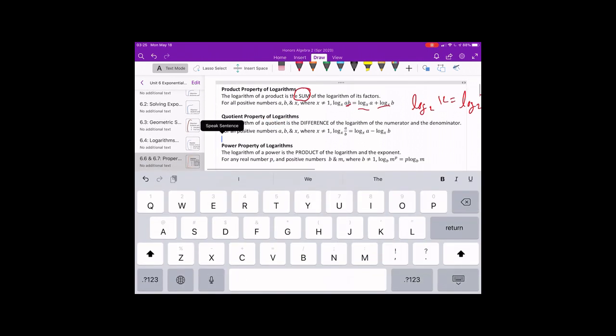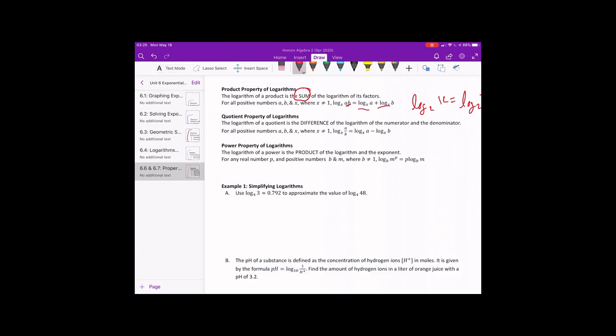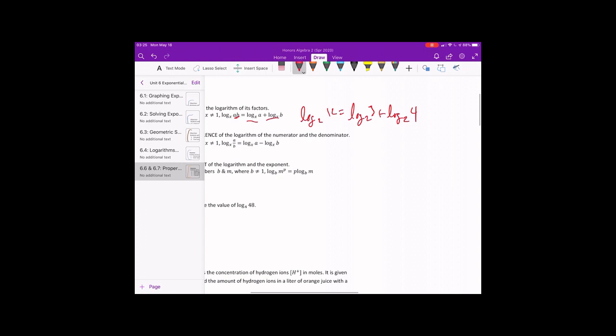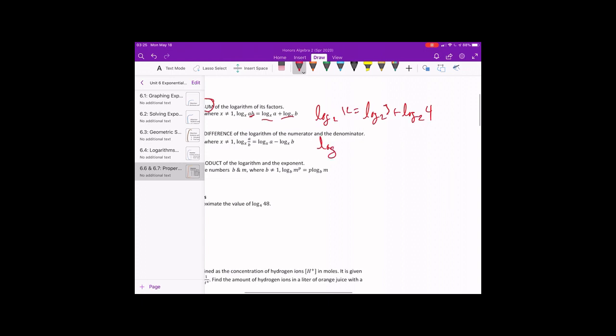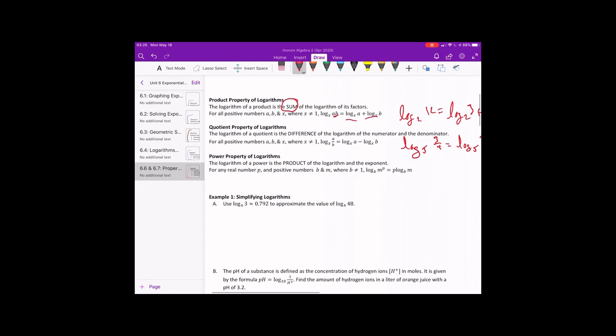And so what we'll see here is that for positive numbers a, b, and x, again, x not equal to 1, log base x of a over b is equal to log base x of a minus log base x of b. And so if I have log base 5 of 3/4, we can rewrite that as log base 5 of 3 minus log base 5 of 4.